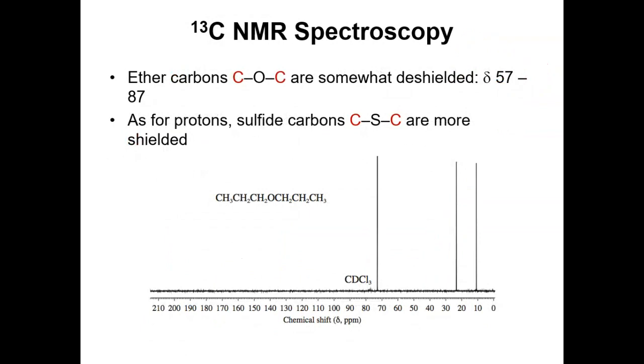And the carbon-13 of ethers, there's no surprise. The ether carbon is deshielded because of the electron withdrawing effect of oxygen. Similarly, the sulfide carbon is also deshielded, but to a significantly lesser extent than the ether carbons. Here's an example of the carbon-13 NMR of dipropyl ether. Obviously this peak must come from the carbons directly bound to the oxygen, so these two carbons.